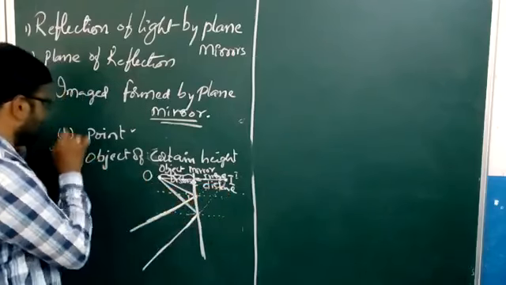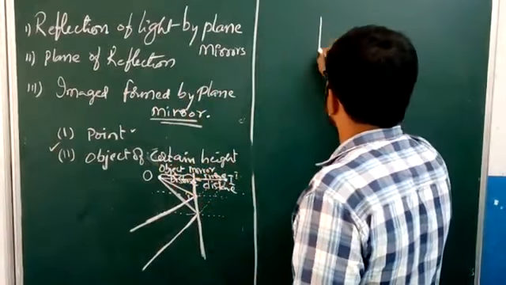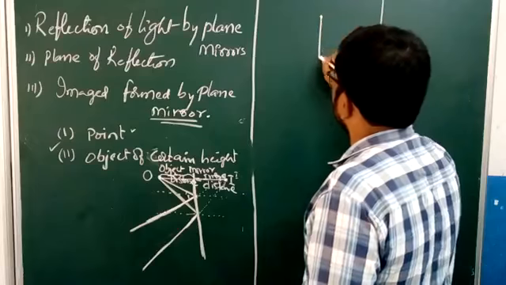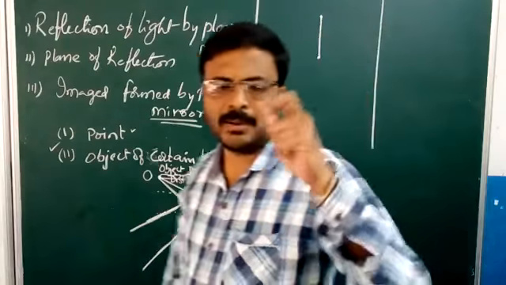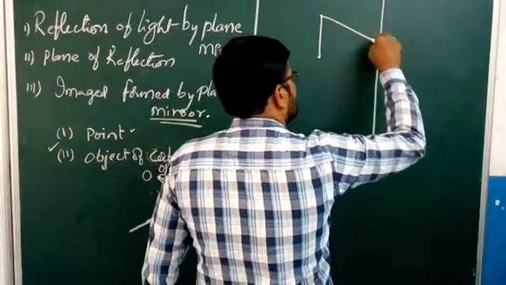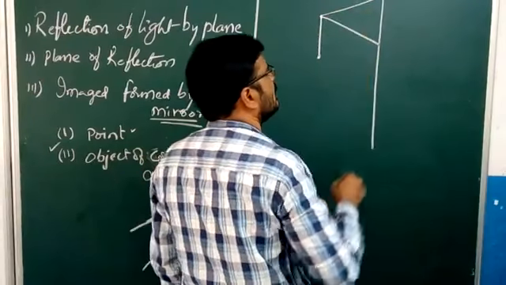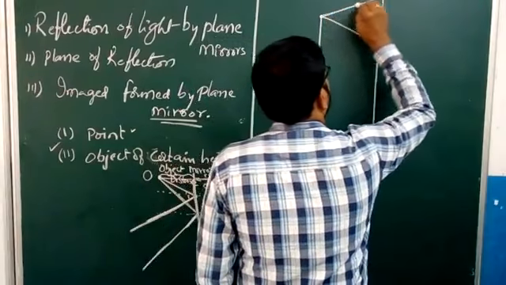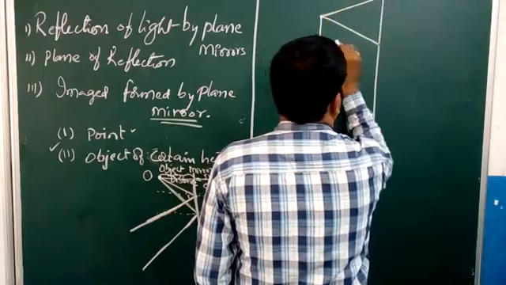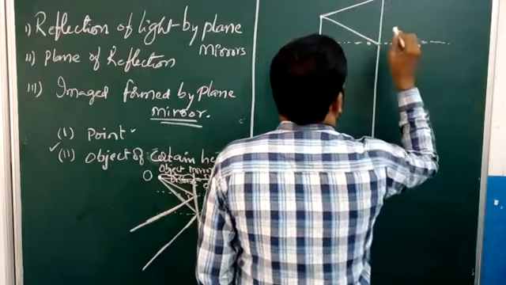Okay. Coming to the second case, object of a certain height. Let us take an object, let it be your mirror. Then from the top and bottom of the object, we will be considering two rays, and as this ray is traveling here, take the normal at these two points.